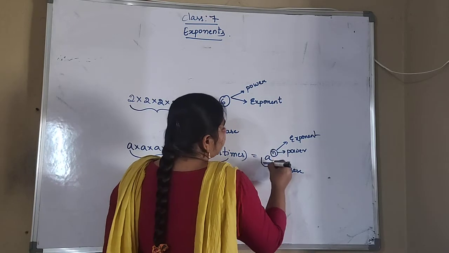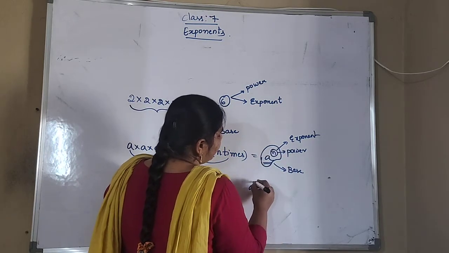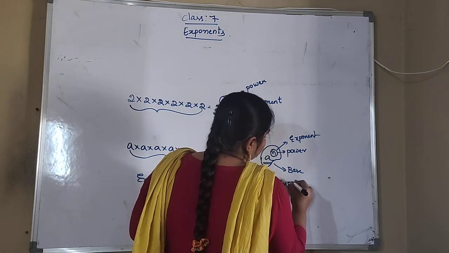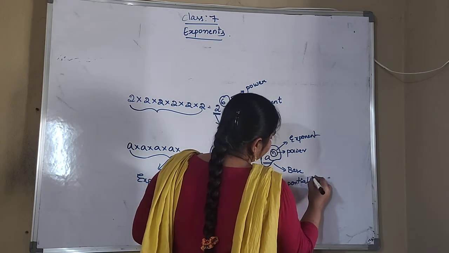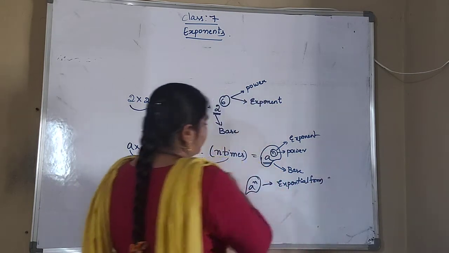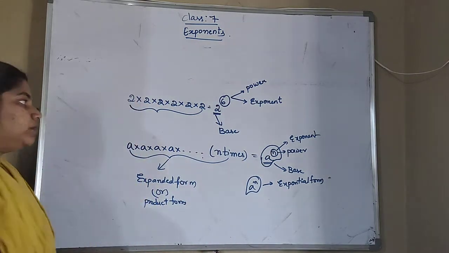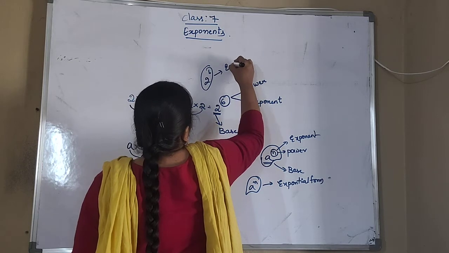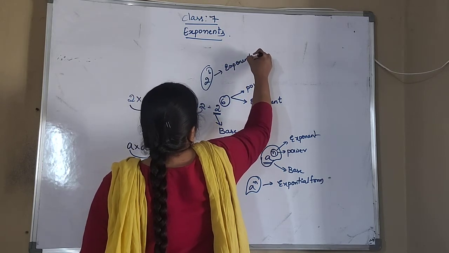Then this whole term, A power N, we call the exponential form. In the same way, 2 power 6 is in exponential form.